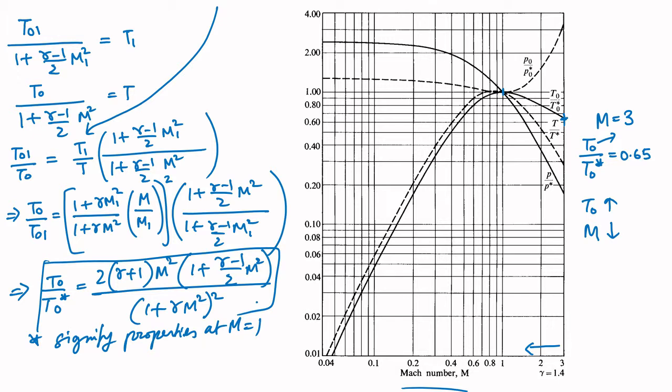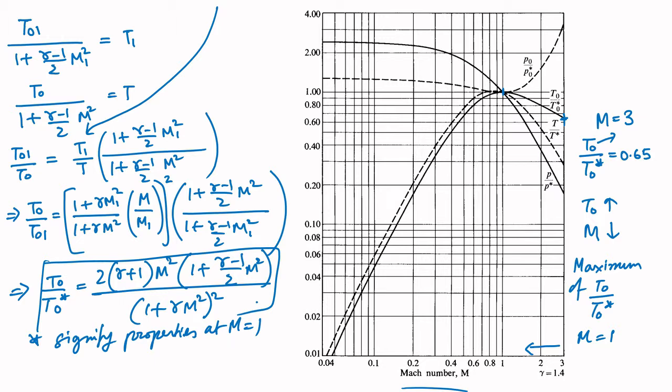It cannot go up any further, and this point, which is the maximum of T0 by T0 star, is given by M equal to 1, which is of course obvious, because star corresponds to the conditions where Mach equal to 1.